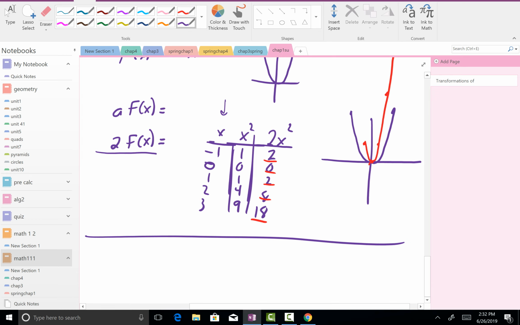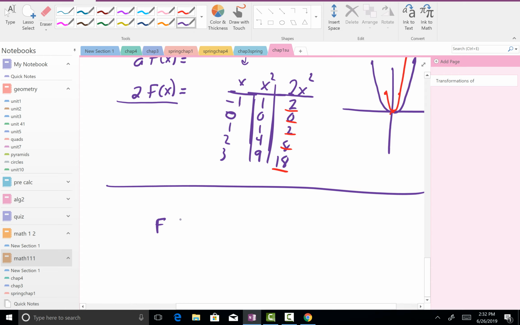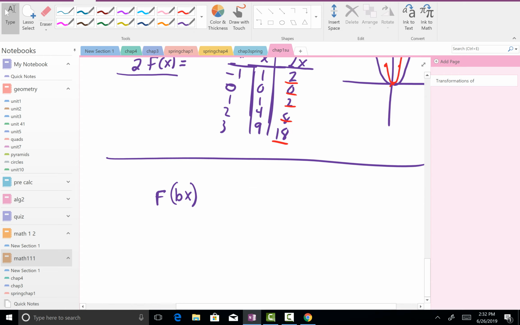Now let's do the same thing with this. Same function, doesn't change. So now what I'm going to do is take a look at this.